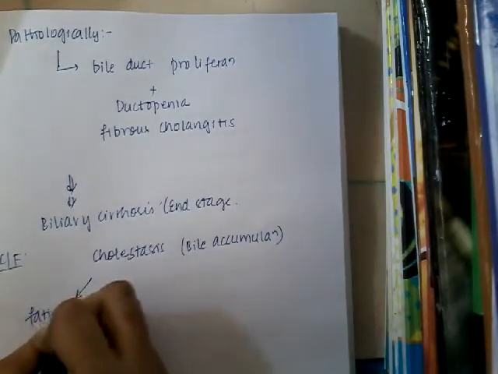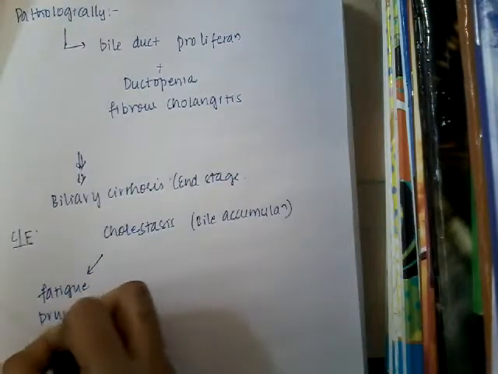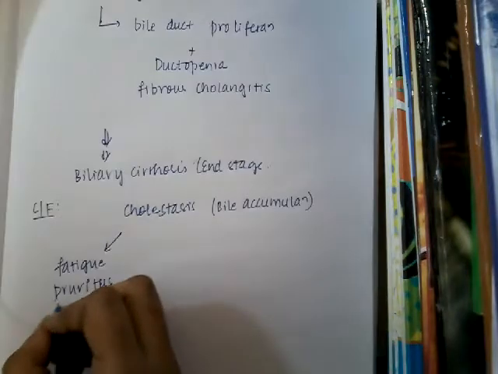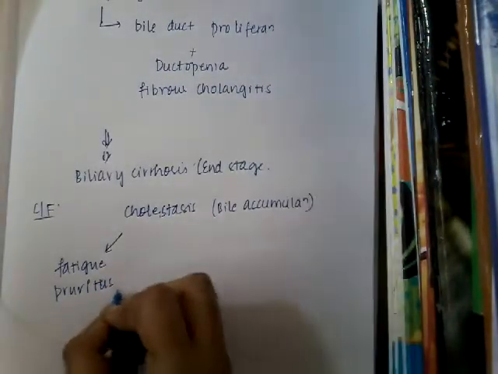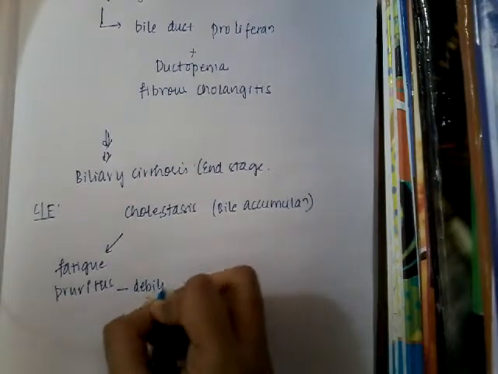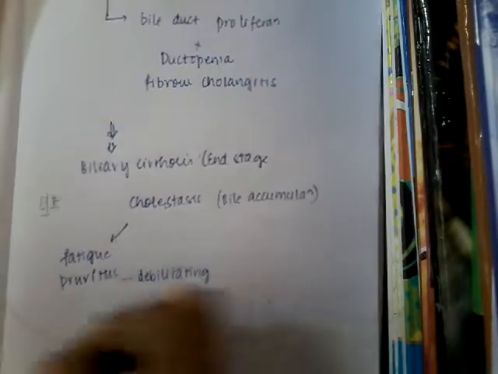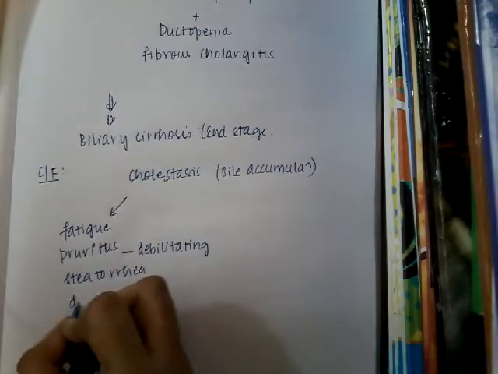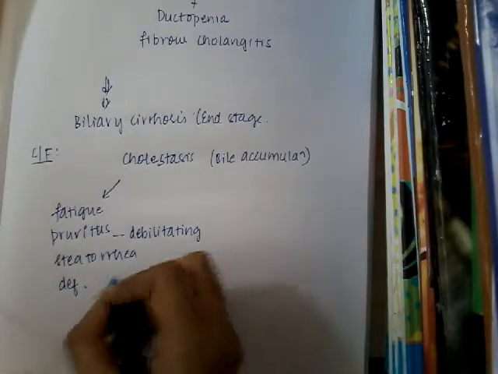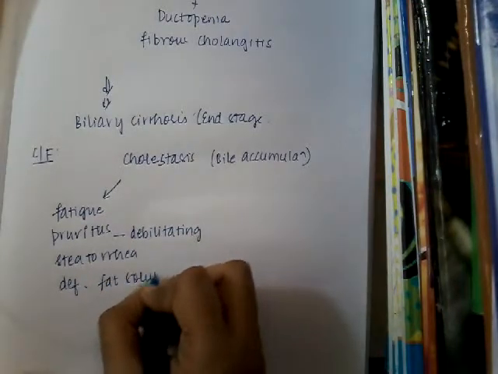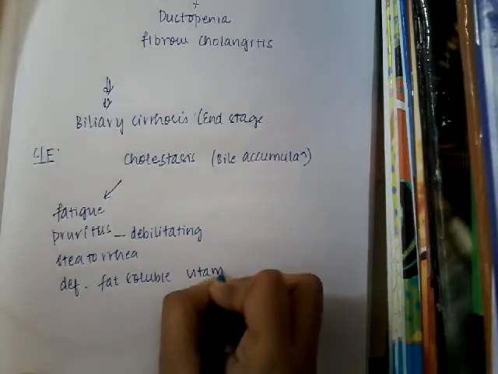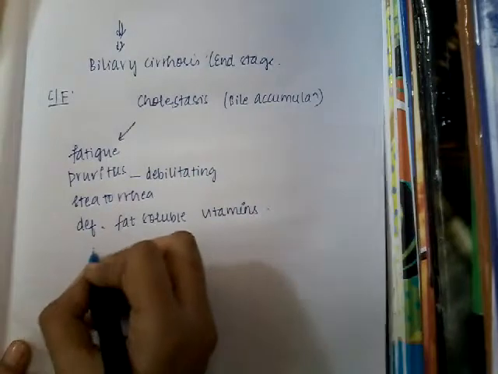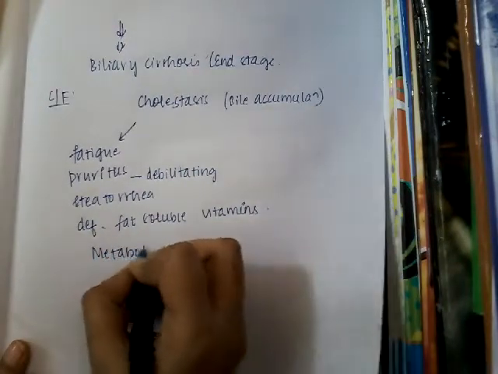This will cause fatigue, and there is deposition of bile salts, so it causes pruritus, and this is often debilitating, very difficult to control, and then there can be steatorrhea, and because the bile pathway has been lost, there is deficiency of fat soluble vitamins, and also there can be even metabolic bone disease.